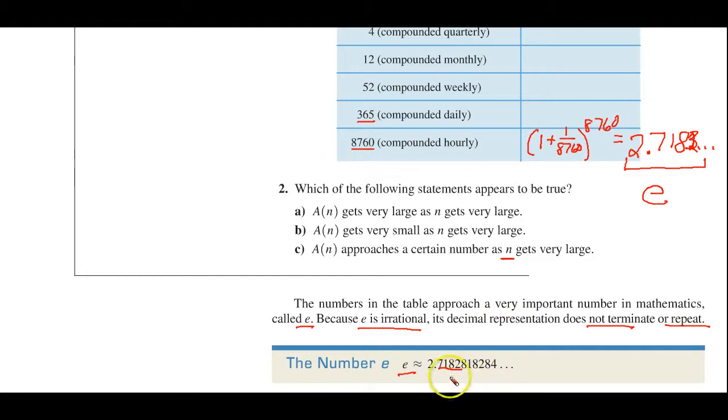Okay? So rounding it to 4 places, we will have 2.718. Now in the 5th place, there's an 8. So we raise the 2 to a 3. And that would be an approximation to 4 places.